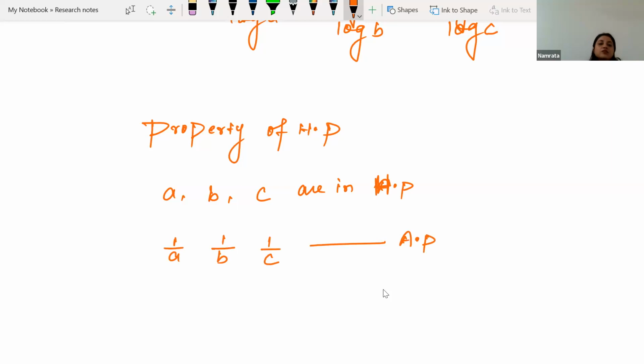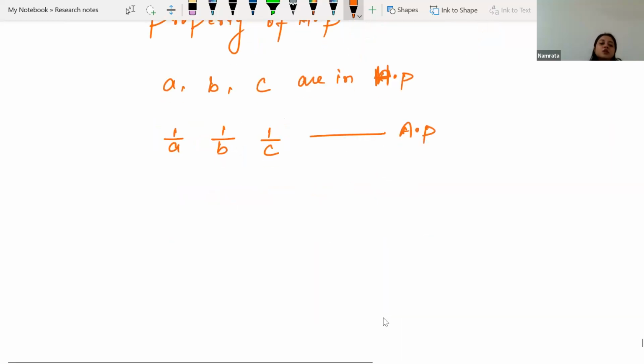Yes, ma'am. And for AP, we know the property that the common difference will be the same. So the second term minus first term, this common difference must be equal to the third term minus second term.